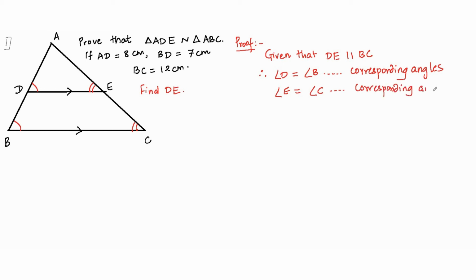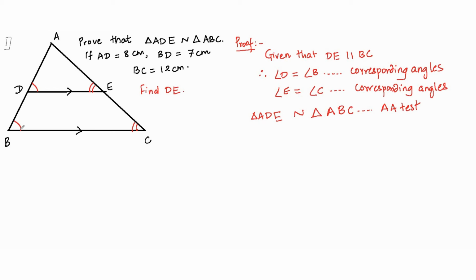Now you will notice that in triangle ADE, imagine triangle ADE differently and ABC as a separate triangle. Triangle ADE is similar to triangle ABC, where D corresponds to B and E corresponds to C. This is because of the AA test. Do you notice that?